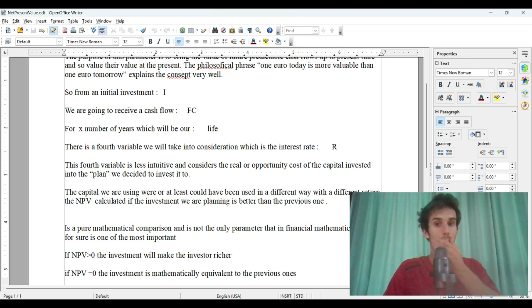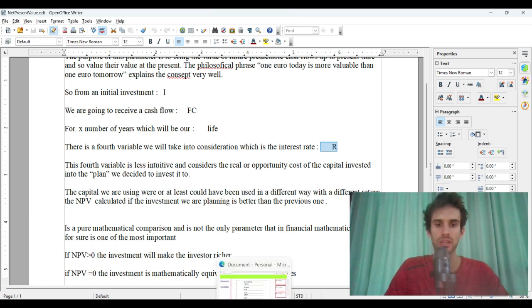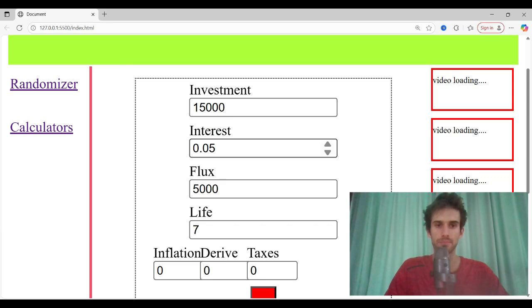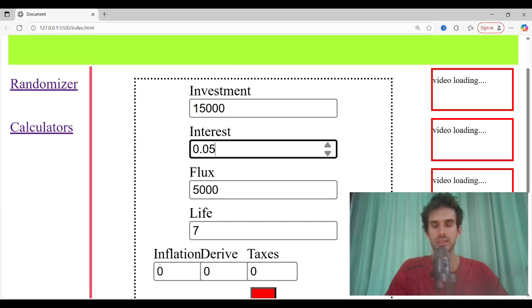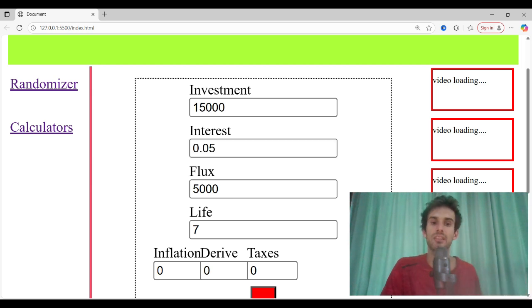Anyway, the interest rate is another parameter that may not be the simplest to understand. It is this one, interest. Here, this is the monthly interest rate, 0.05. So in a year it will of course be bigger, and the higher it is, the more likely the net present value will be negative, because it is considering another possibility.